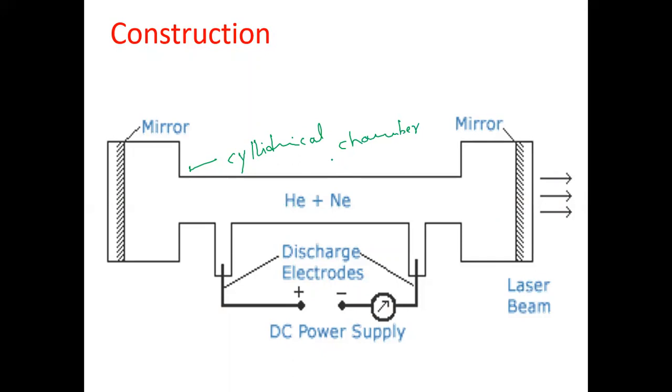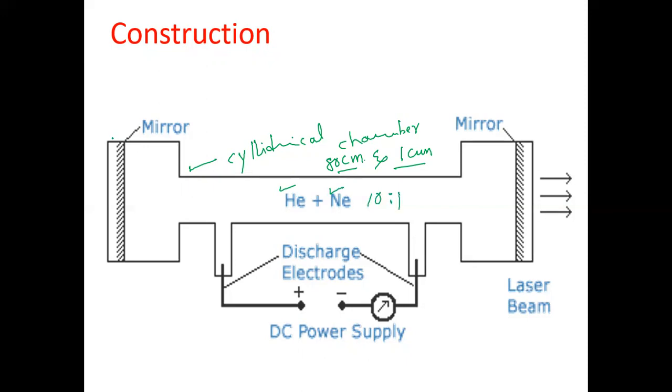This cylindrical chamber has a length of 80 centimeter and a diameter of 1 centimeter. These are the dimensions of this chamber. In this chamber, we are taking 2 gases, helium and neon gases, in the ratio 10:1.